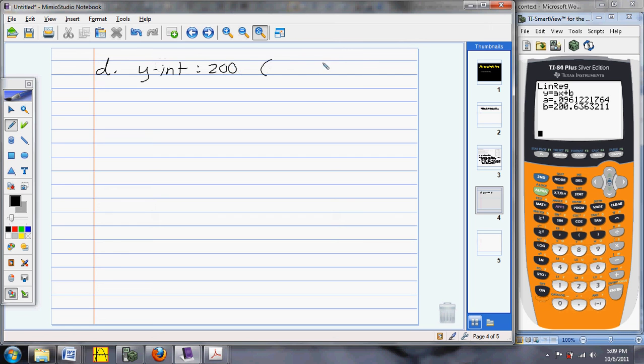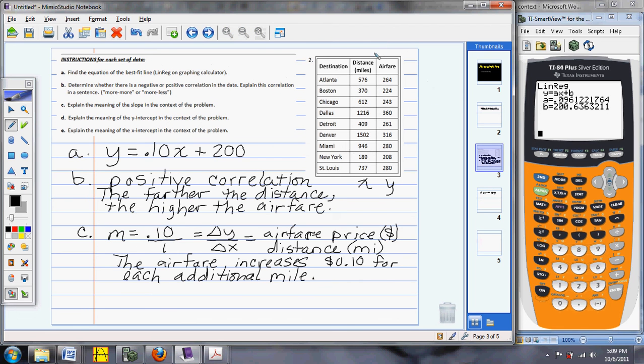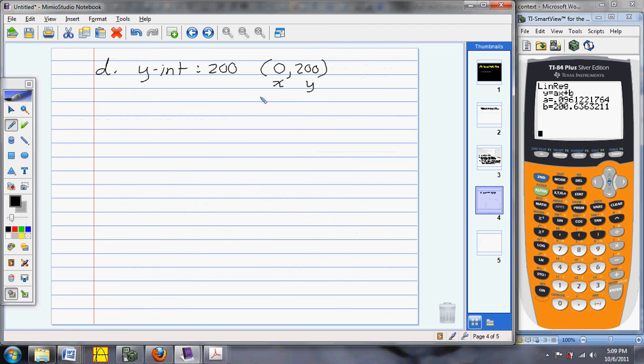Remember, a y-intercept is of the form (0, something), and the something is this 200. Since distance is x and airfare is y, that means it's 0 miles for the distance versus $200 for the airfare. In other words, your plane ticket is costing this much.